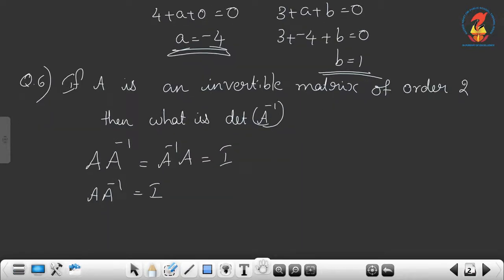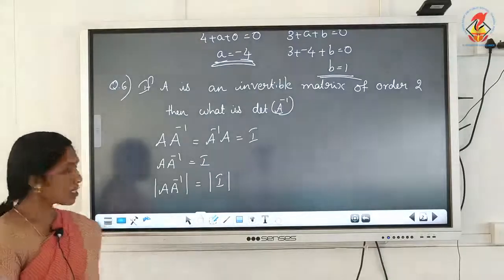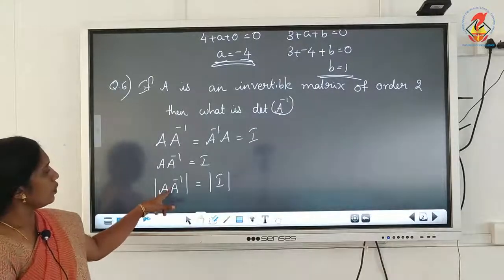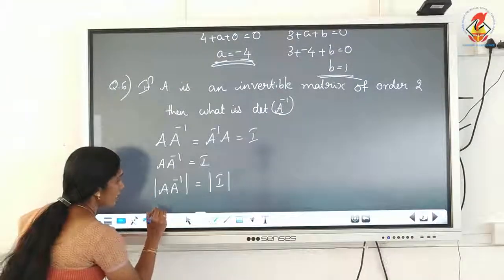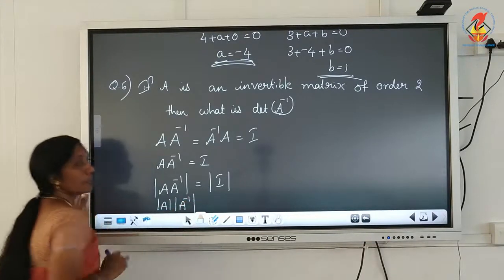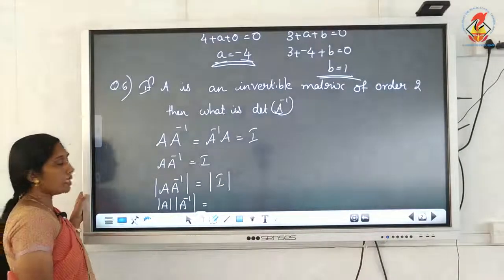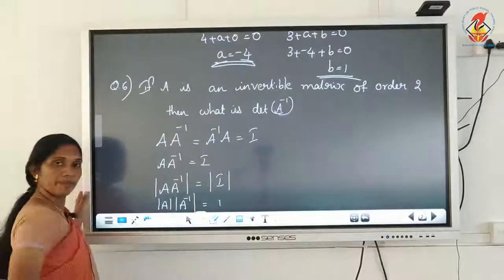Now determinant of A into A inverse is equal to determinant of I. These all we discussed in the previous videos. Determinant of A into A inverse is the same as determinant A into determinant A inverse. Do you remember? Then what is the determinant of an identity matrix? That is 1.